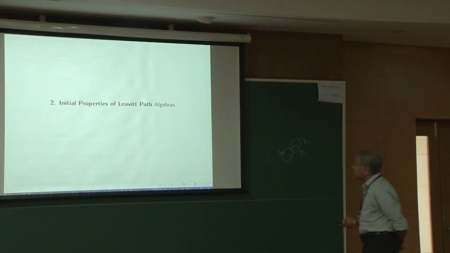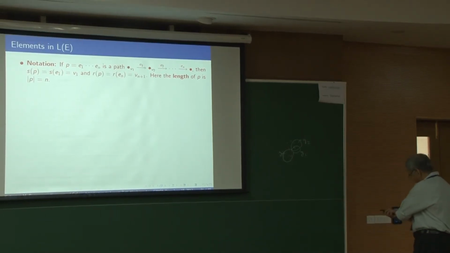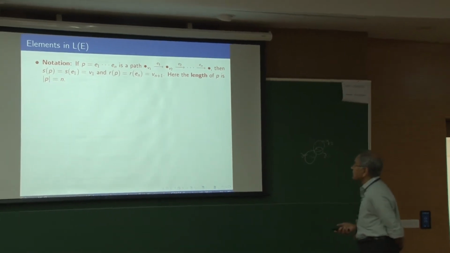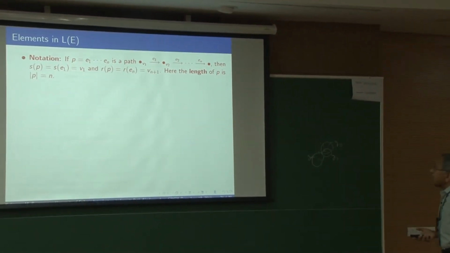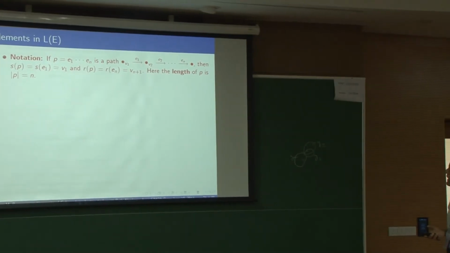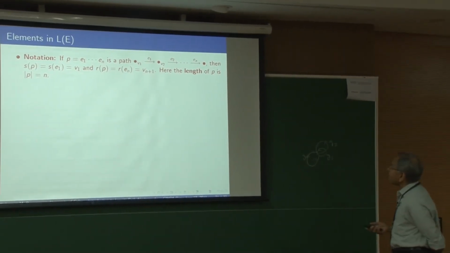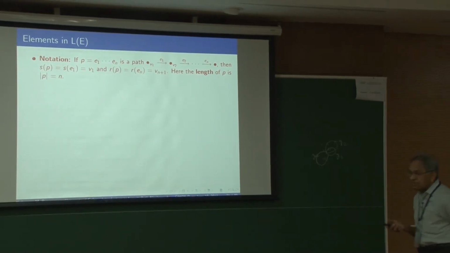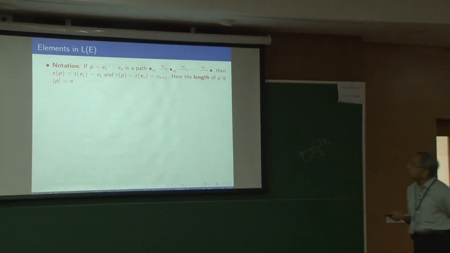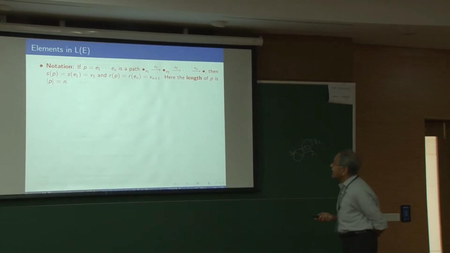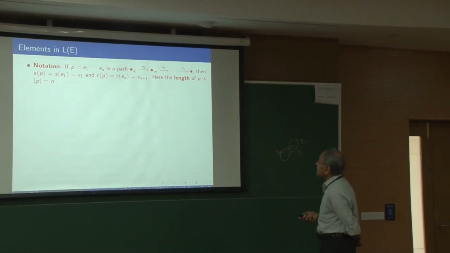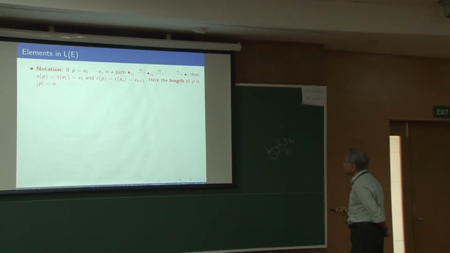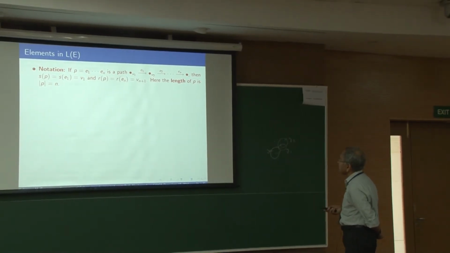Let me give some initial properties of Leavitt path algebras. First, some quick notation. If p is a path e1 through en, then the beginning vertex, the source of p, is simply the source of the first edge e1, which is v1, and the range of p is simply the range of the last edge.